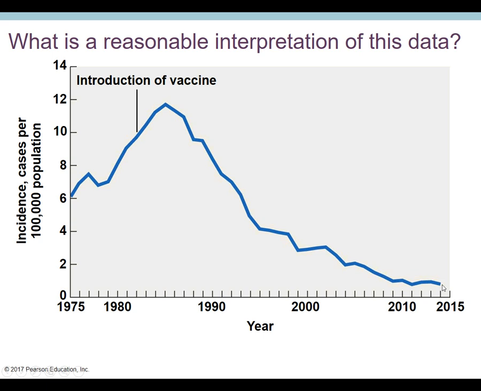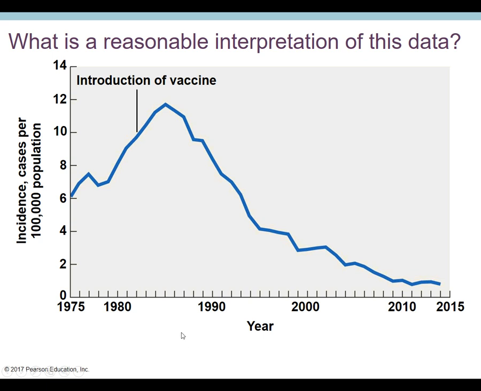And typically a reasonable interpretation is that the vaccine is effective in reducing the incidence of the disease in the population. And that's typically how we interpret this kind of data.